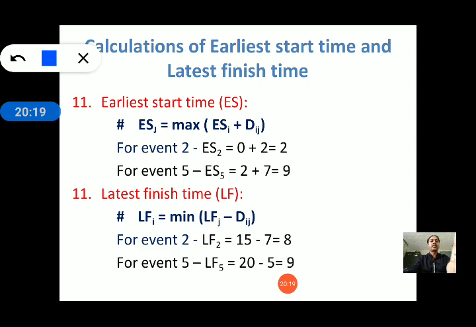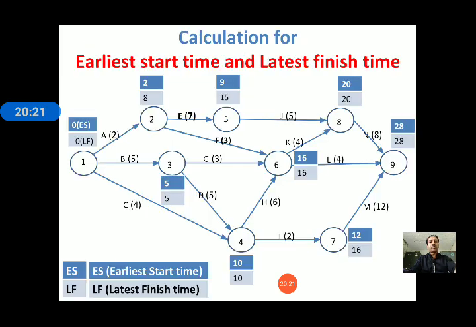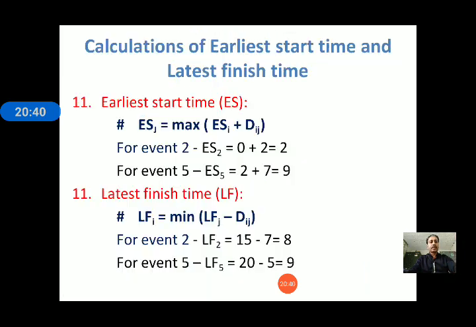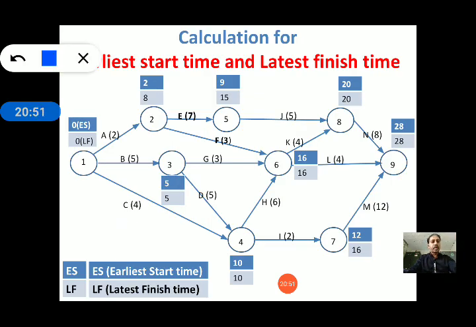Now for event number 5, what would be the earliest start time? The earliest start time of the tail event is 2, plus duration 7, so 2 plus 7 is equal to 9. Then for the J activity, 9 plus 5 is 14.